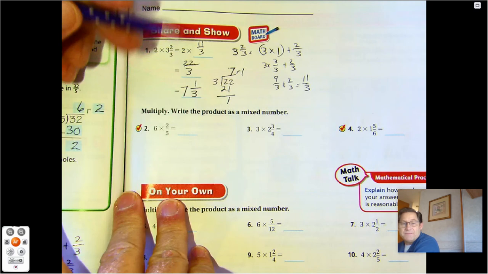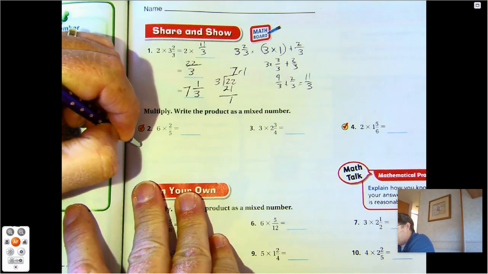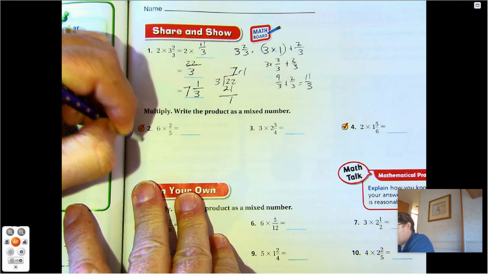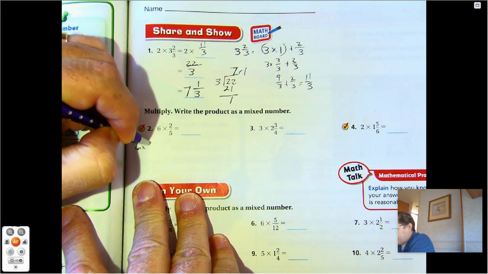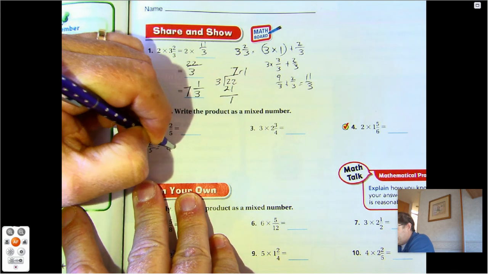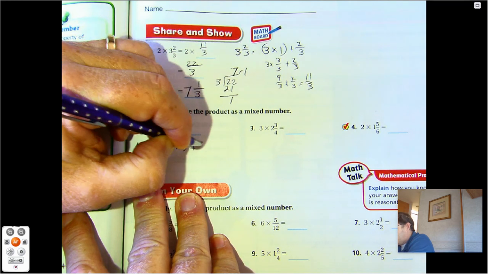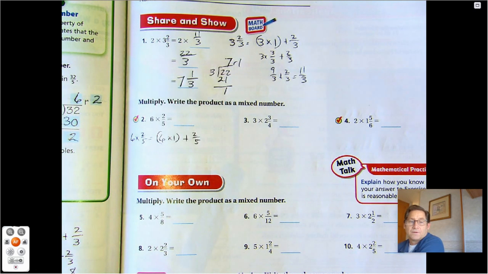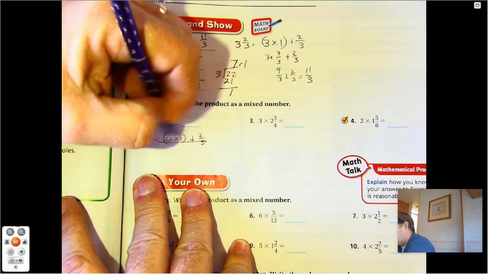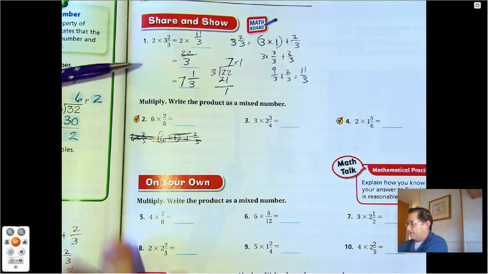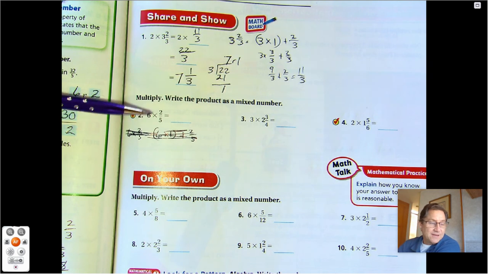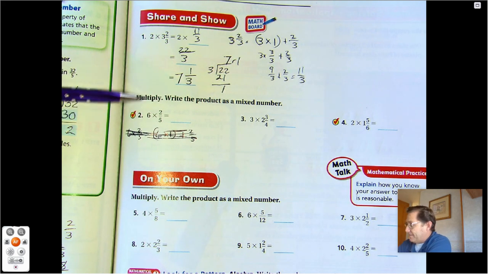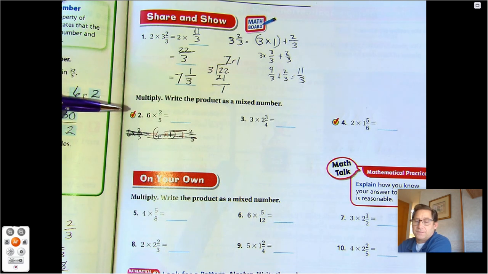All right, write the product as a mixed number. 6 times 2/5 equals 6 times 1 plus 2/5. Oh, no, no. This is telling me that we have 6 sets of 2/5.